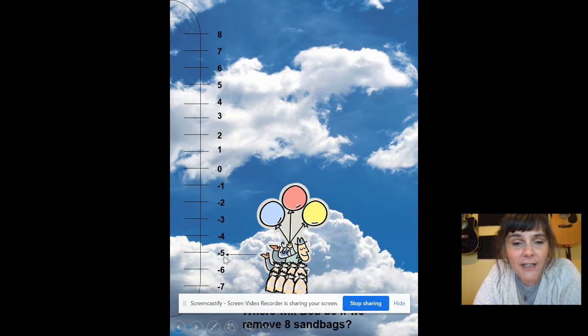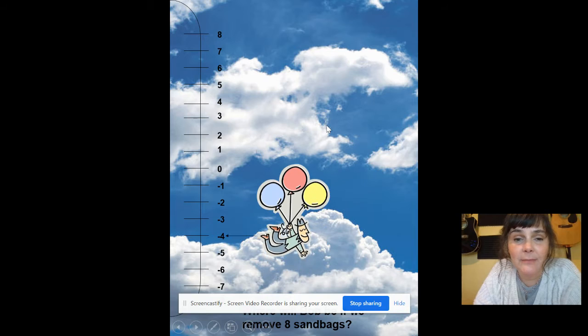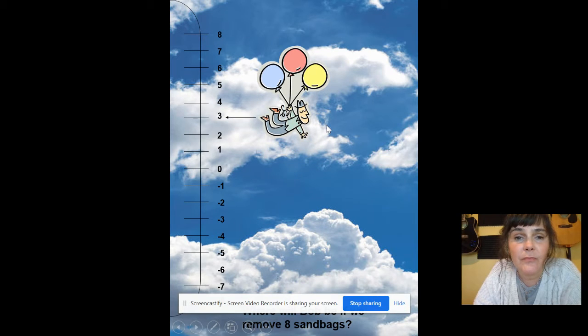So if we're starting on negative 5 and we take 8 sandbags away, we're going to go up 8 spots. 1, 2, 3, 4, 5, 6, 7, 8. According to my calculations, Bob should end up on 3. Let's see what happens. Okay, so negative 5 minus negative 8 is 3.